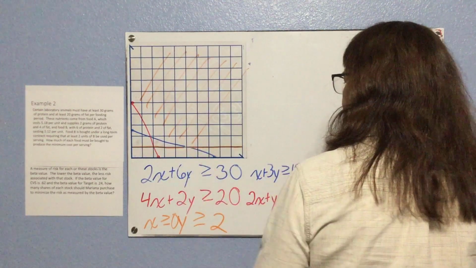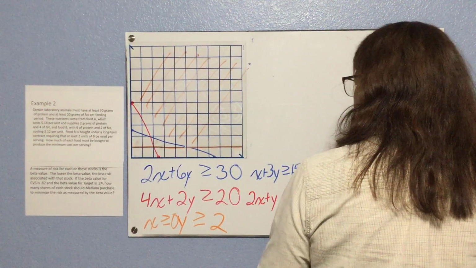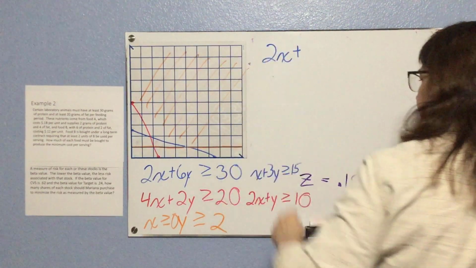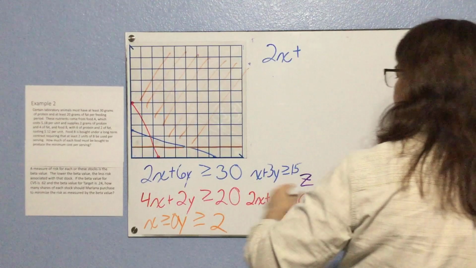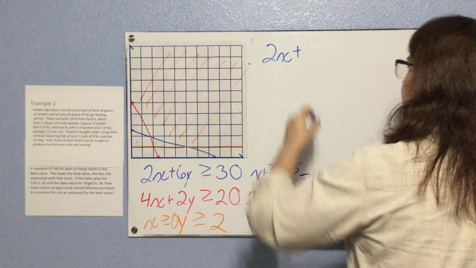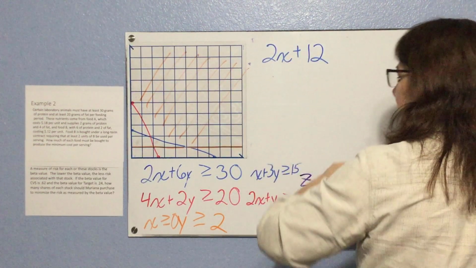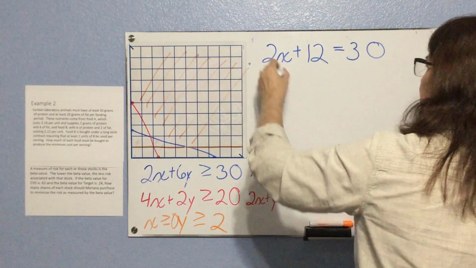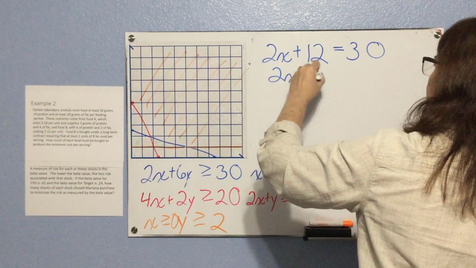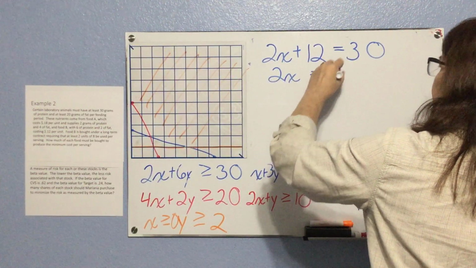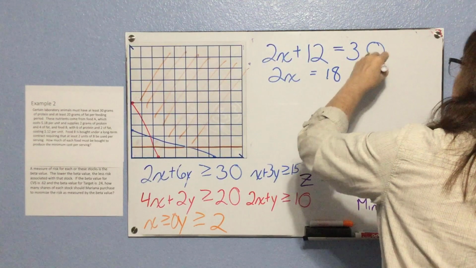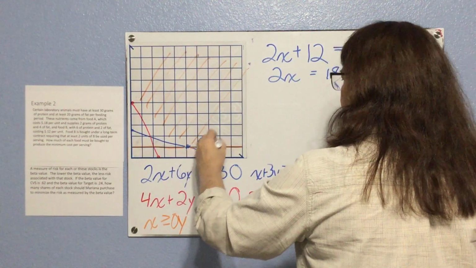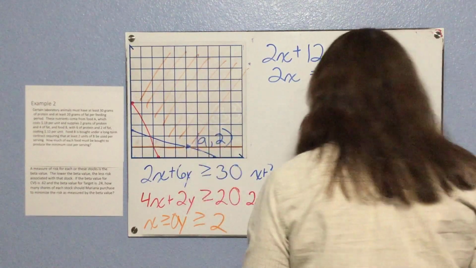If there's a y-coordinate of 2, we'd have 2x plus, this would have to be 12, equal 30. So 2x equals 18, and x is 9. So this point is 9, 2.